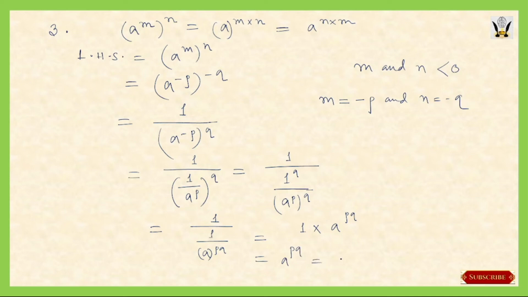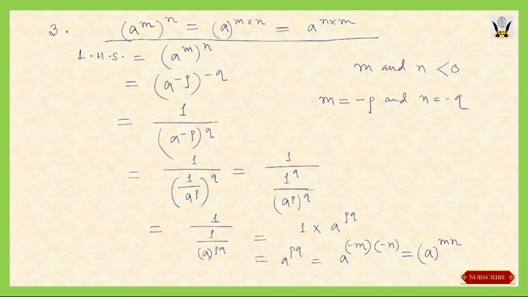Now we replace p and q in terms of m and n. In place of p it will be minus m, as m is equal to minus p, so p will be equal to minus m. Now minus m multiplied by minus n, minus minus will be plus, so finally a to the power mn only. So whatever we saw in case of positive exponent, the same result we are getting for the negative exponent as well. Now I have proved the first case.